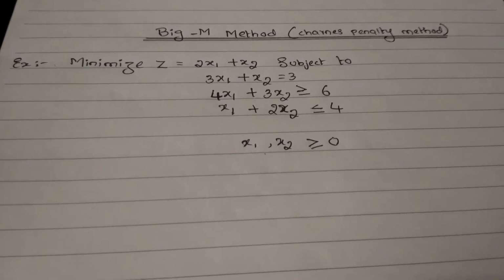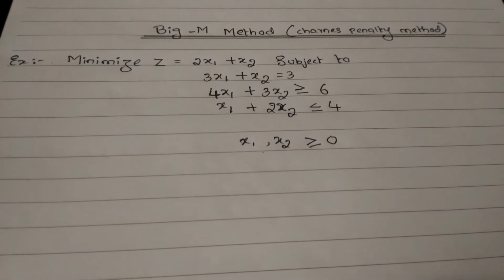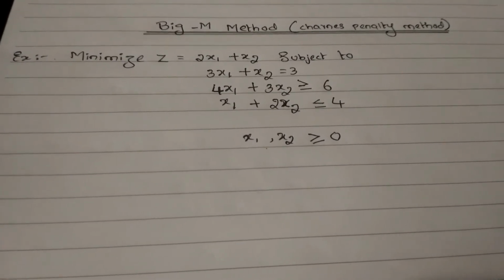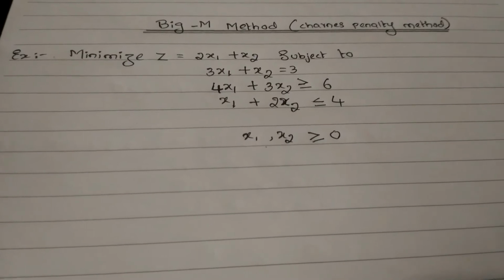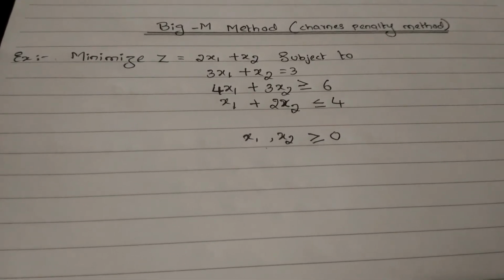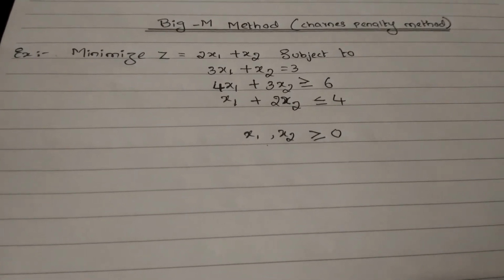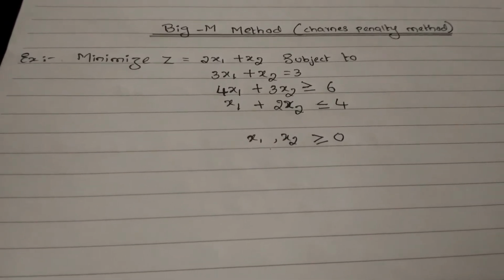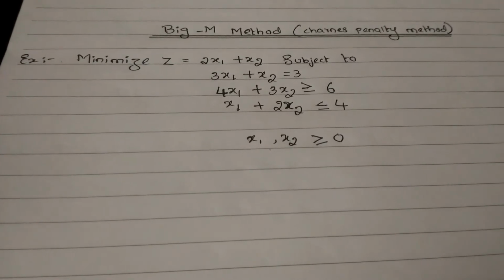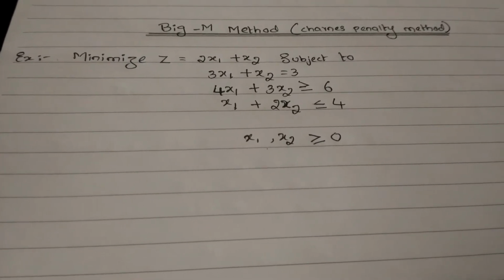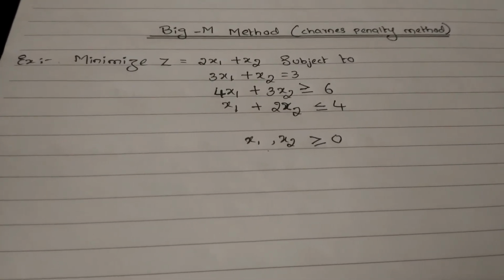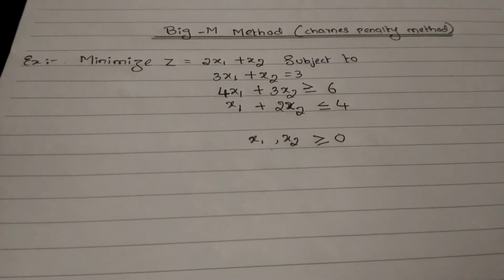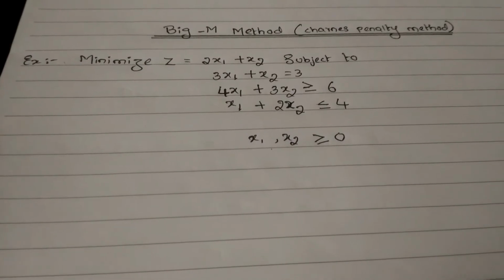Now let us learn what we mean by surplus variables and artificial variables. In the previous video, we understood the meaning of slack variables. Slack variables are nothing but a positive variable that is added to the LHS part of the subject to constraint inequalities in order to convert them into an equation, only in a situation wherein the subject to constraint has got LHS which is less than or equal to RHS.